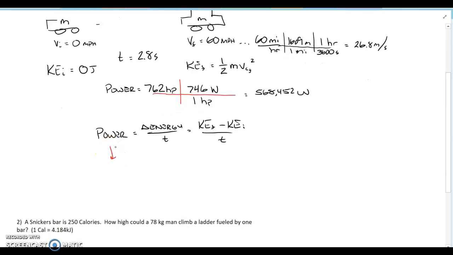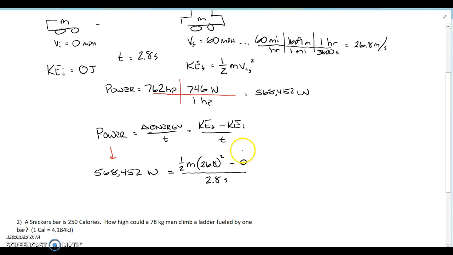My power output in watts, which is a joule per second, is 568,452, and that's in watts or joules per second, which equals 1/2 times the mass times its final velocity, 26.8 squared, minus its initial kinetic energy, which is 0, all divided by the time, 2.8 seconds.